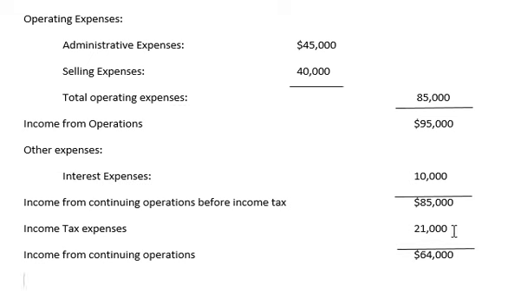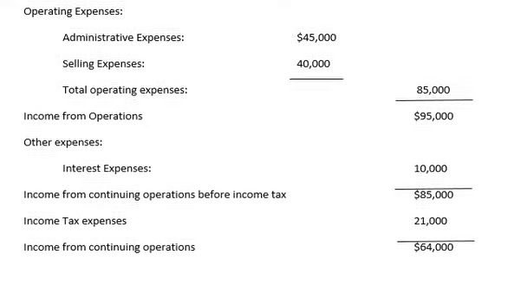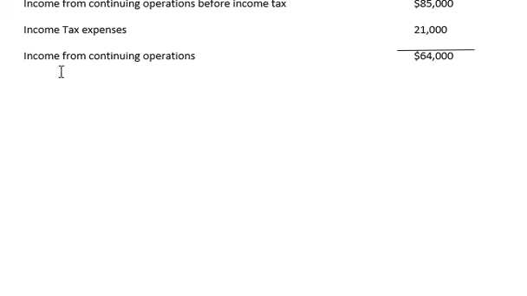Next, after we finish income from continuing operations, we go to another section for loss or gain, the section of other comprehensive income.